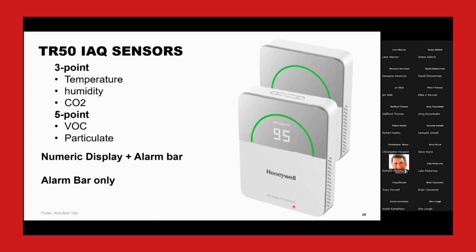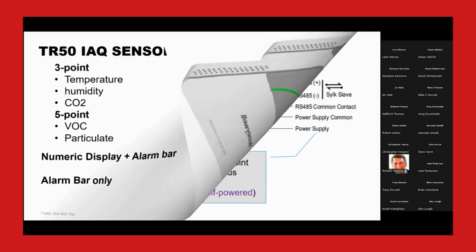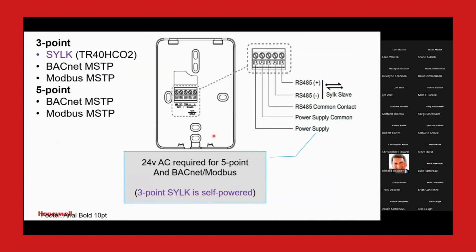And where did my PowerPoint go? Here, you're going to like this. They all come out of the box with 3 protocols. They can talk Sylk, they can talk BACnet MSTP, and look at that, they can talk Modbus MSTP, and then we know where we can use that.